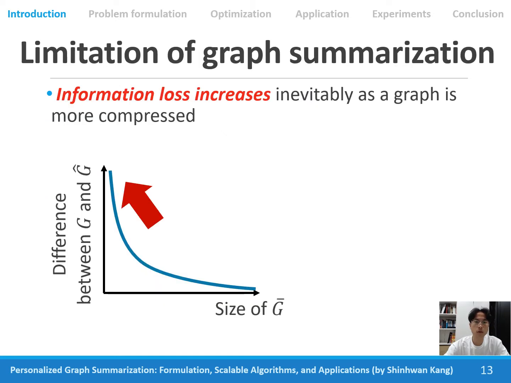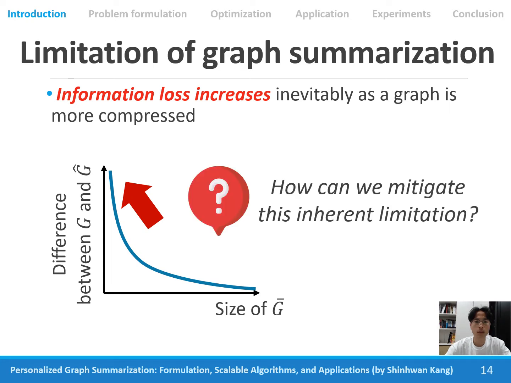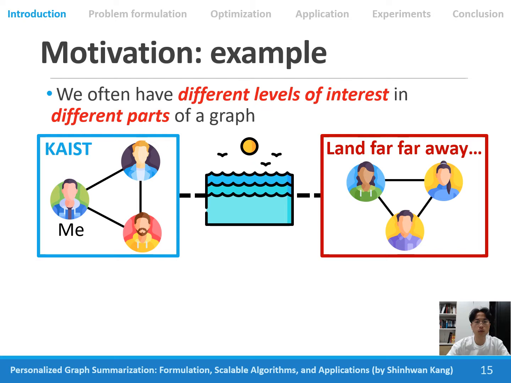However, there is an inherent limitation in graph summarization. The limitation is that the amount of information lost becomes larger inevitably as we compress the input graph more. Then, how can we mitigate this inherent limitation? To this end, we notice the fact that people often have different levels of interest in different parts of a given graph.